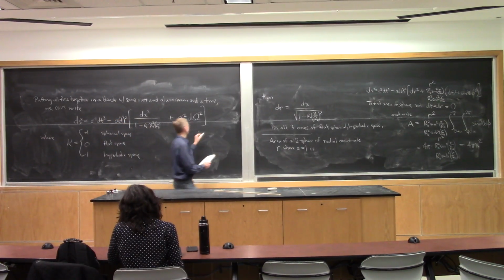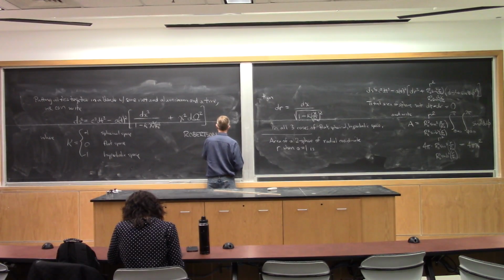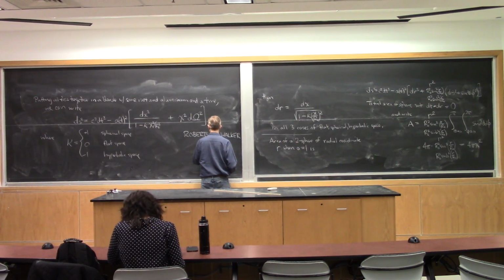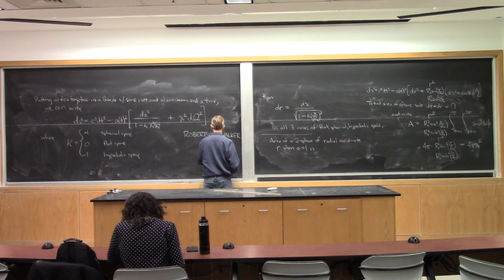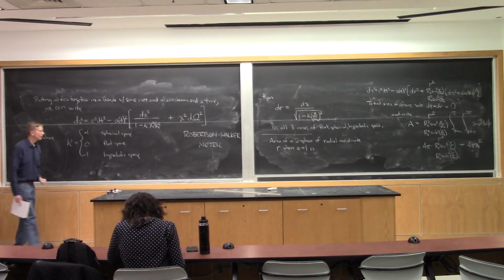And this is what we call the Robertson-Walker metric. It tells us space-time intervals in a homogeneous isotropic universe.